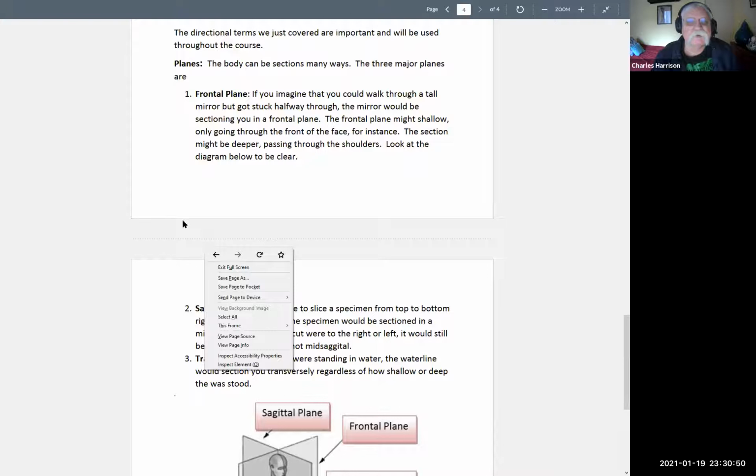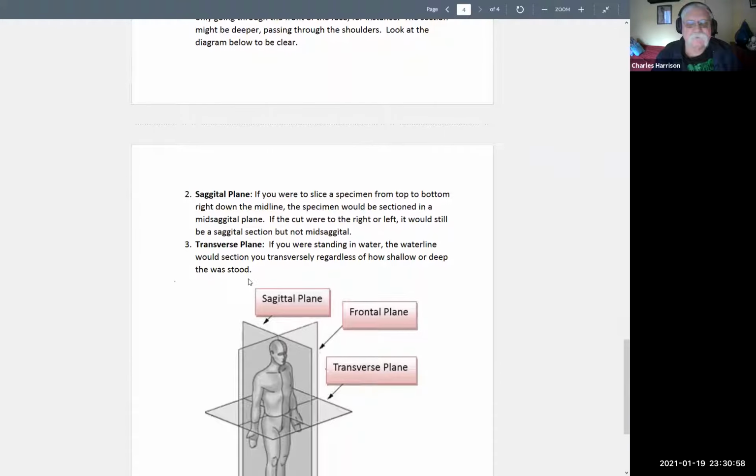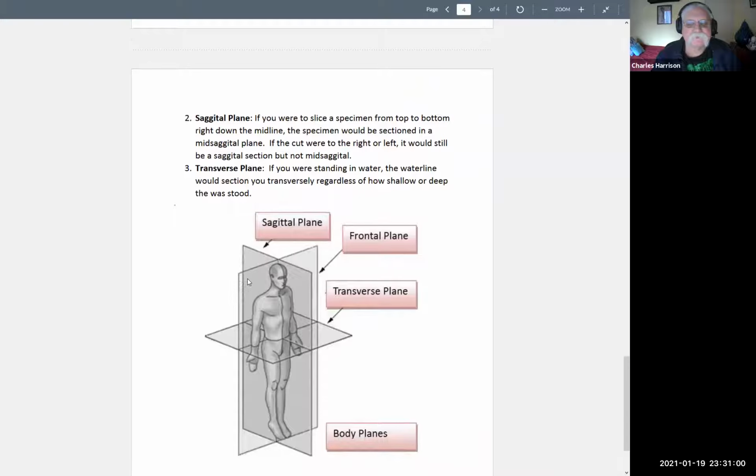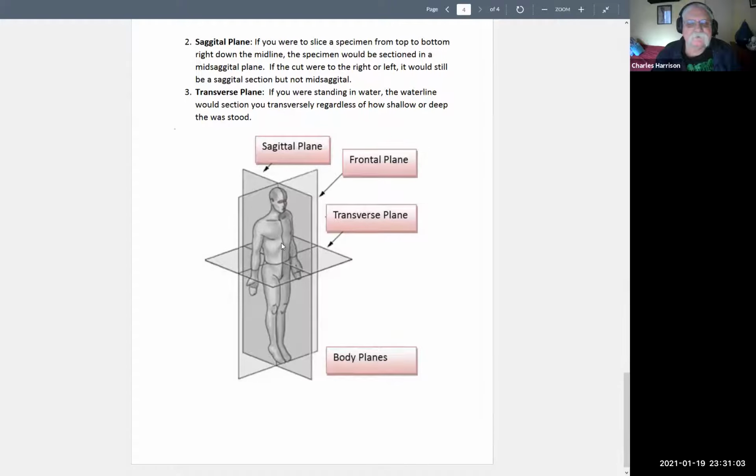The planes of the body are three. They're the frontal, sagittal, and transverse plane. Here's the frontal plane first off. If this person somehow managed to walk through a mirror or a window, got stuck halfway through, here's the window. Okay, here's the plane.